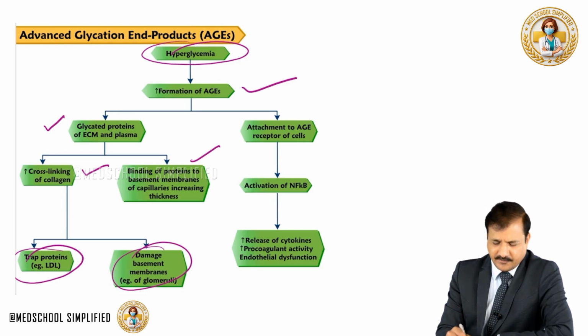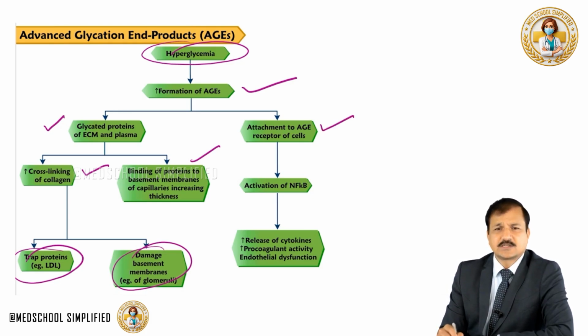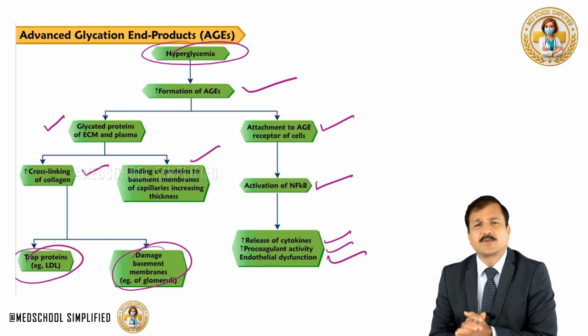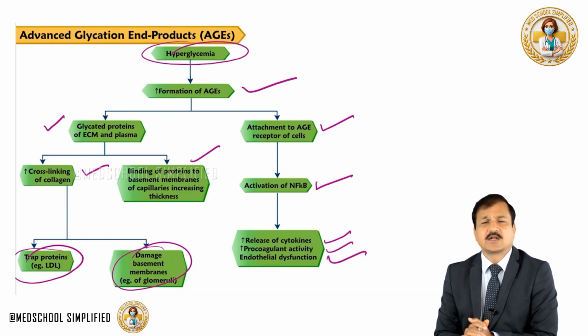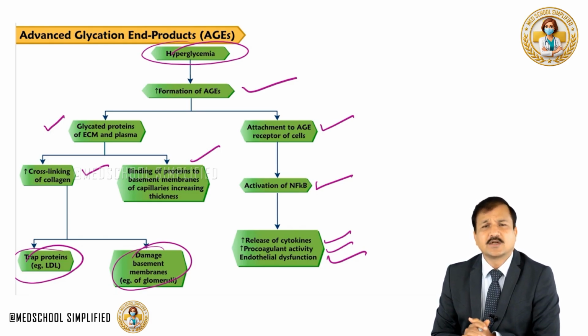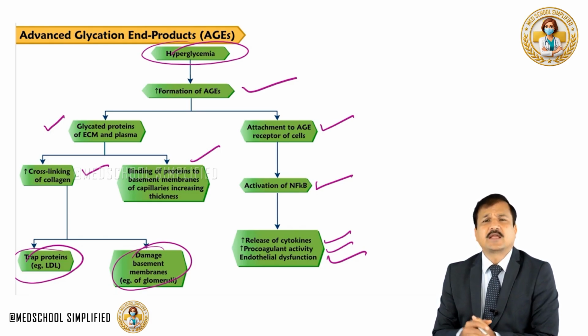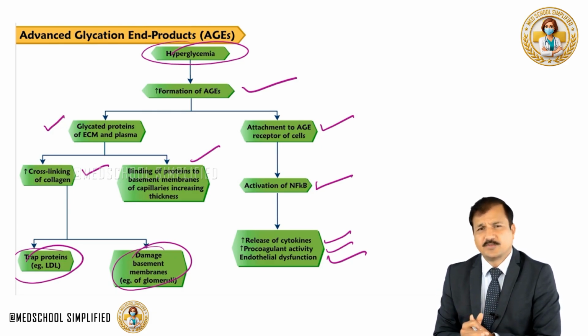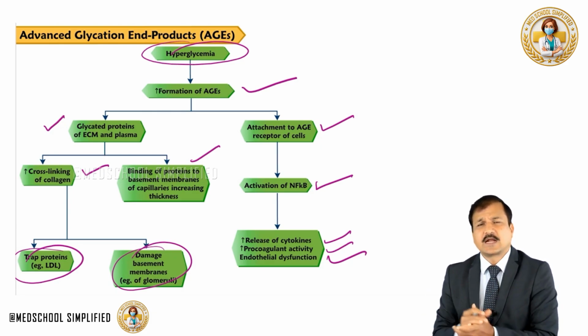Then attachment of AGEs on the receptor cells, activation of NF-kappa B, and that increases cytokines, procoagulant activity increased, endothelial dysfunction increased, contributing to several complications of hyperglycemia that are seen in especially uncontrolled diabetes mellitus like retinopathy, neuropathy, nephropathy, and including cataracts.